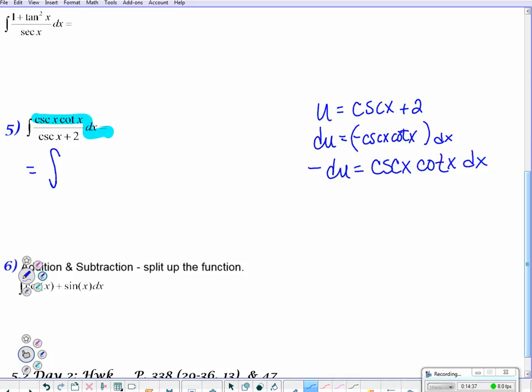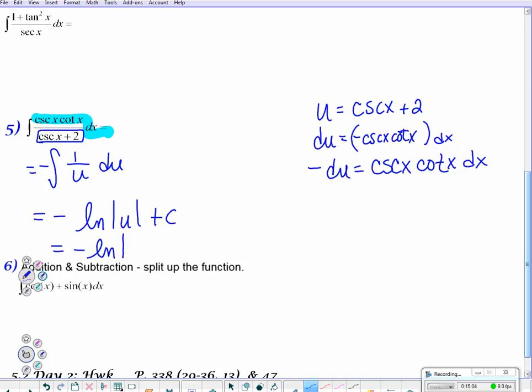We are in the substitution mode. 1 over u, because our u was that, and the derivative gave us a negative du to replace the cosecant cotan dx. Okay, this is pretty nice. The negative natural log absolute value of u plus c. Easy. Negative natural log u gets replaced with a cosecant x plus 2 plus c.